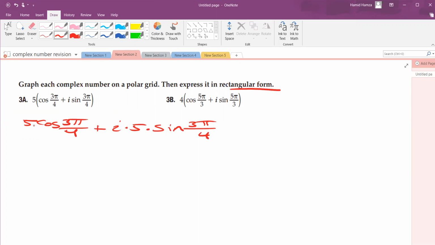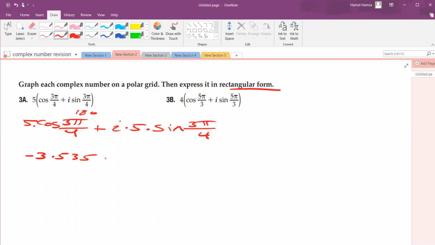So use your calculator to multiply this. 5 cosine, instead of pi, write 180 in your calculator: cosine 3 multiplied by 180 over 4. What is the answer, guys? It will be negative 3.535.